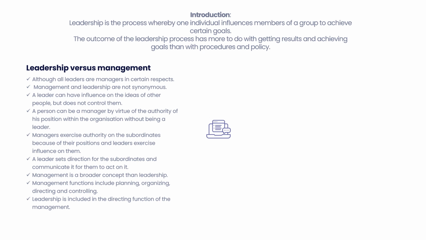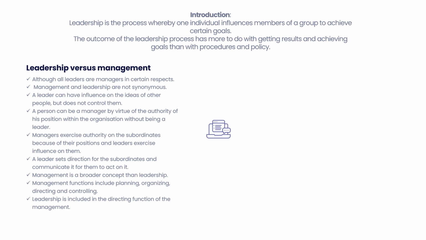A person can be a manager by virtue of the authority of his position within the organization without being a leader. Now you see, a manager is mostly related to the position which is given to someone in an organization. He has authority over these people due to his position as manager in the organization, so he has the right to control these people.